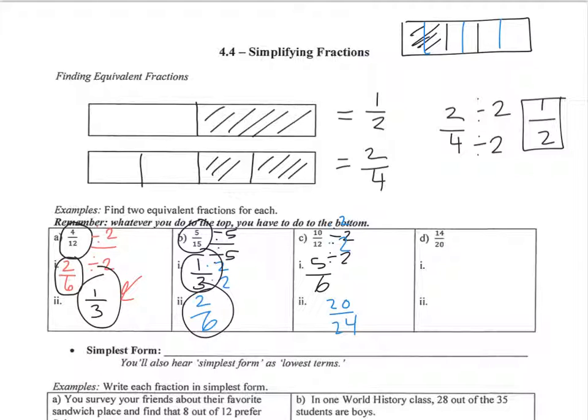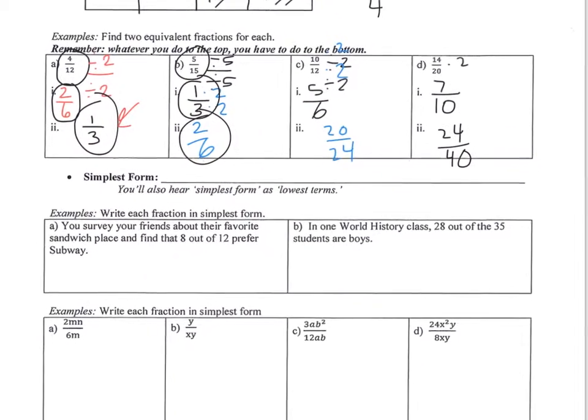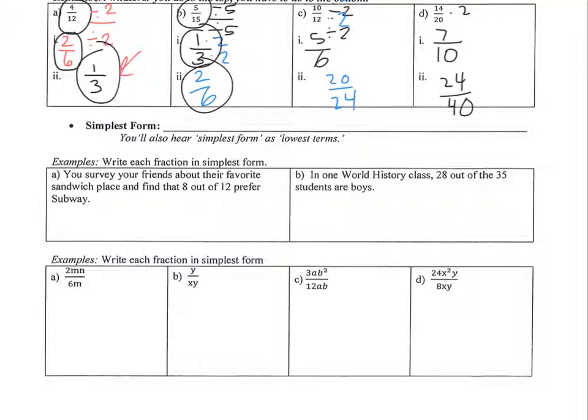And then D, I can divide both of these by 2 to get 7/10, or I could multiply it by 2 to get 24/40. Either way, they are equivalent. Simplest form means that you can't divide any further.